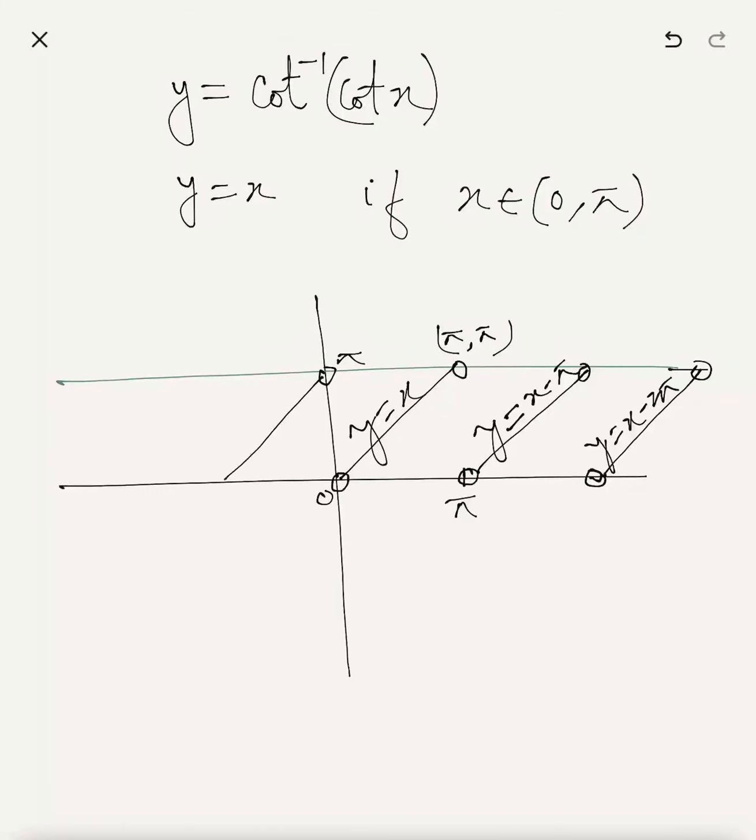Again this branch, just look at the graph of tan inverse of tan x, you will understand it is similar, not exactly the same but similar. I hope you can draw the remaining branches. Here it will go on. Anyway, this is your cot inverse of cot x.